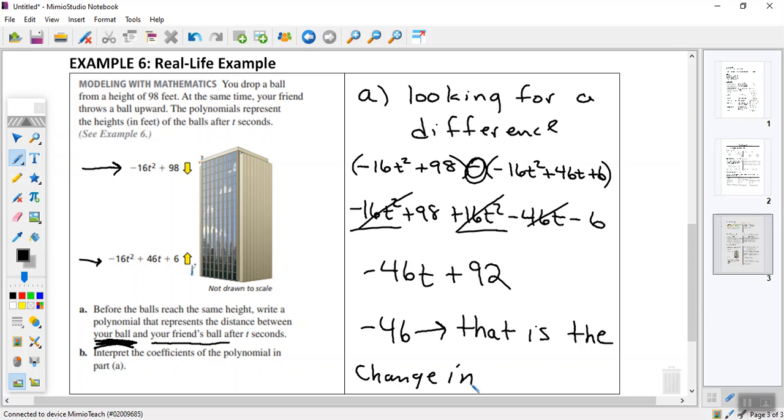That's the change in feet each second. It means every second that goes by, the distance between the two balls is going to shrink by how many feet? 46 feet. Okay? That's what's going on.